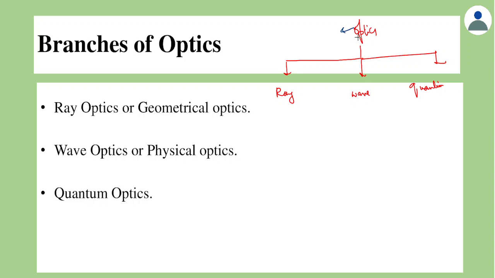It is seen that light exhibits dual nature. Dual nature means light exhibits both particle nature as well as wave nature. We will see what this term is in later chapters. But for now understand that light exhibits both particle as well as wave nature.